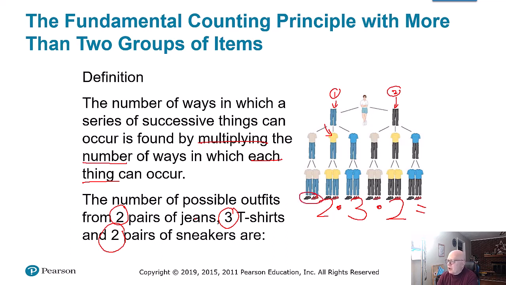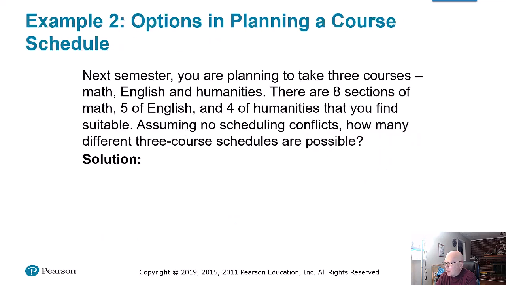Let's take a different look. This is really a perfect time for this, because you are choosing what you're going to take next semester. So you're supposed to take a math, an English, and a humanities course. For the math, there are 8 possible sections you could pick, 5 English, 4 humanities.